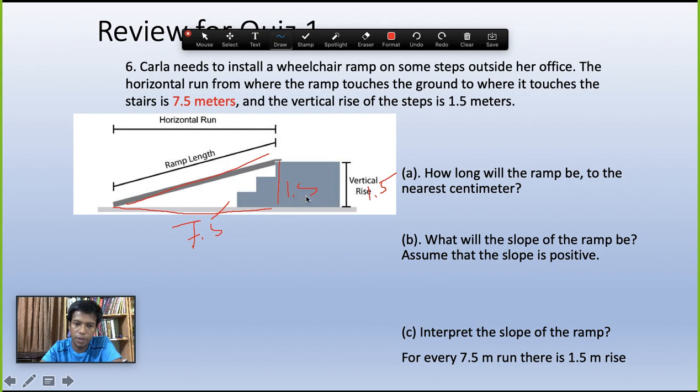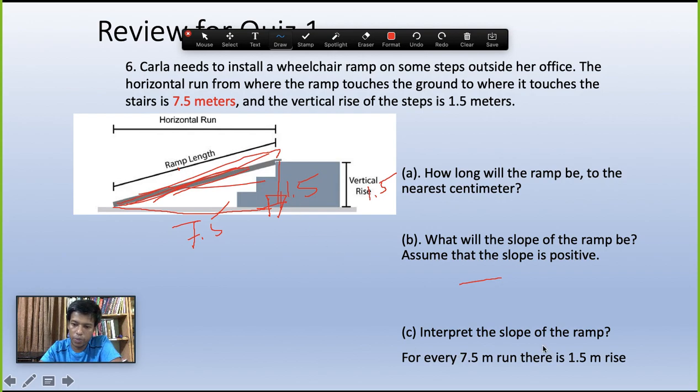So 1.5 here and this is this. Then the question is, what is this length? I think you get the point, because this is a 90 degree angle, we can use the Pythagorean theorem to find this length. Okay, and slope means rise divided by run. In this question, slope means rise divided by run, so we can easily find the slope.